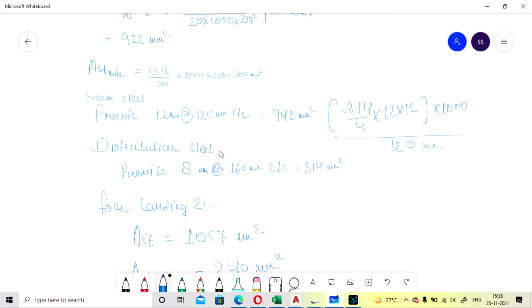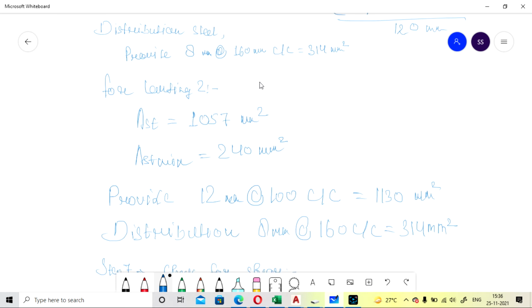Similarly for distribution steel we should go with the Ast minimum. We are providing 8 mm at 160 mm center to center. Its area will be calculated as 314 mm square, and this is greater than or equal to 300, so it will be safe. The area is calculated by the same method.